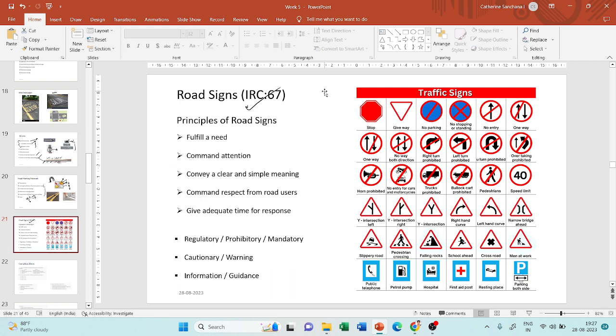Now moving on to road signs. What is the purpose of road signs? You already have road markings, so why do you need road signs? Obviously, road signs convey more meaning to you compared to road markings.